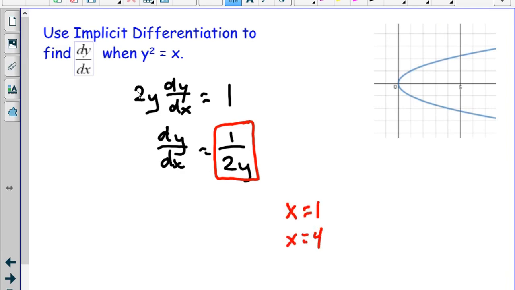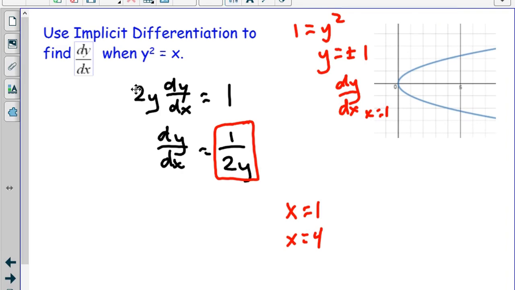This question isn't asking for that, but if I have a situation like this, I can look at where x equals 1 equals y squared. Well, what's going to be my values for y? Y equals plus or minus 1. And if I take those values and substitute them into my dy dx, I still get dy dx at x equals 1 of the function y squared equals x is going to be 1/2 and negative 1/2. So I'm still going to get the same stuff, except this ends up being a little bit easier sometimes.